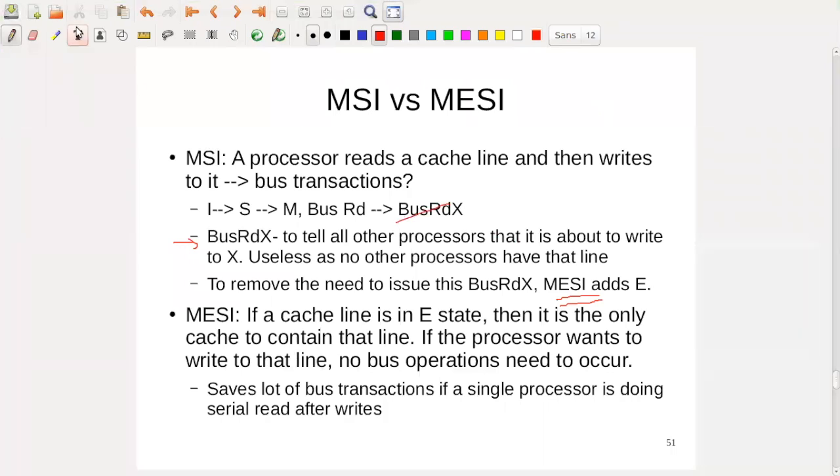This is actually bus upgrade because it is a hit. Now, in the MESI protocol, if the cache line is in the E state, then it means that it's only present in that particular cache and not in other cores, and therefore you don't have to send any of these bus transactions. So it saves a lot of bus transactions if only a single processor is trying to do a series of reads and writes.